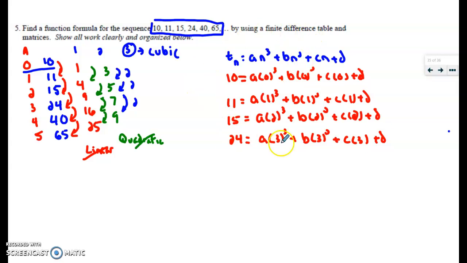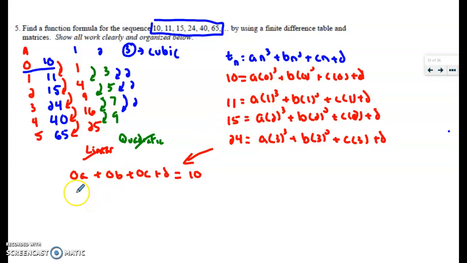Okay? So I have these equations. What I'm going to do is just try to simplify them. I know that my first equation is going to be 0 cubed times a, plus 0 squared times b, plus 0c plus d, which is going to equal the term value of 10.